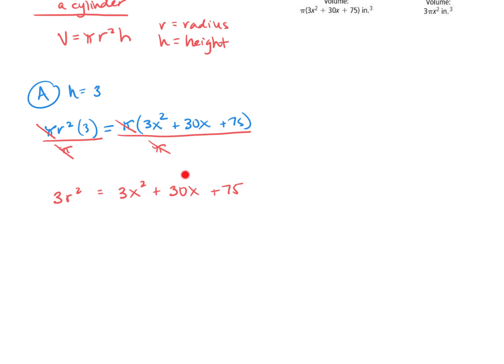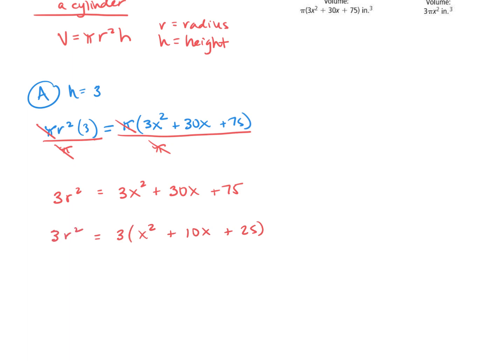All right, now this is a trinomial. Why don't we work with this a little bit? I notice that all 3 terms have a common factor of 3. 3 fits into 3, 30, and 75. So we're going to factor a 3 out of that trinomial. That's going to leave us with x squared plus 10x plus 25, and I'm just going to carry down the 3r squared.